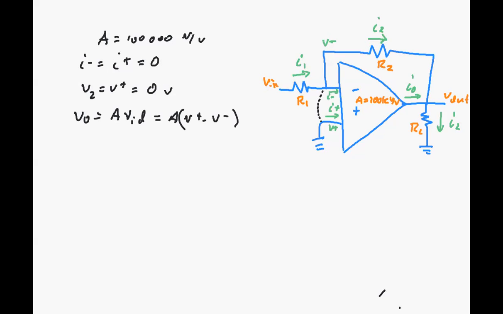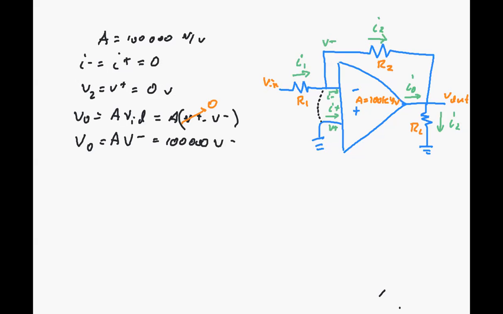V plus, or V2, is equal to 0. So we could really just say that V out is equal to A times V minus, and that equals 100,000 times V minus. That's what the negative feedback is trying to make.